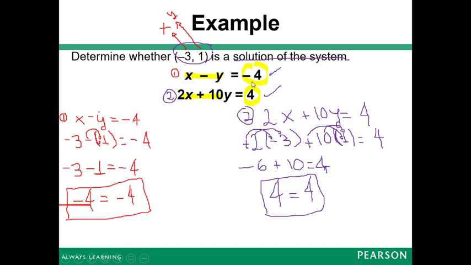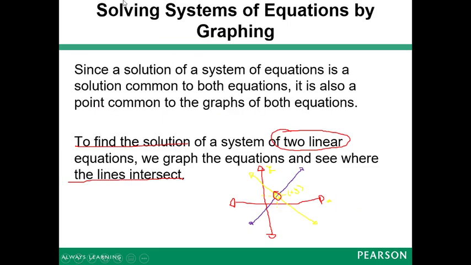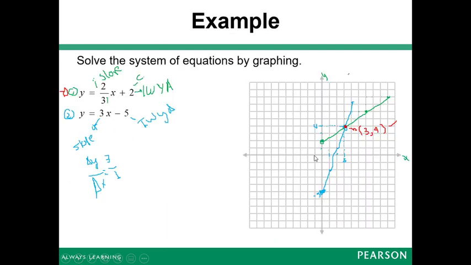In our first example, both equations are true. But in the second example, only the first equation was true. The second one was different. Remember, 20 is different from 4, so it's different. Remember that we can also solve by graphing: we only have to graph these two equations and try to find the intercept with the axes.